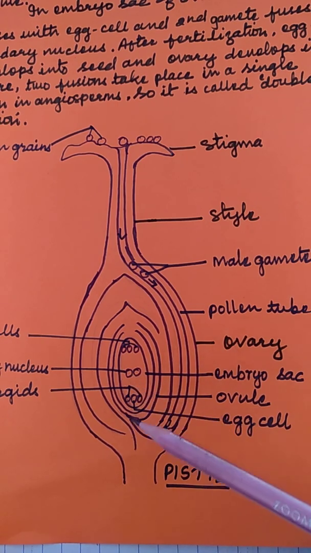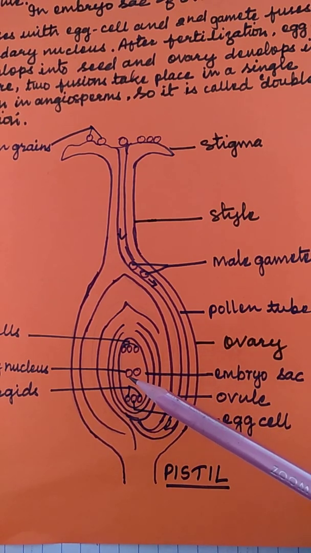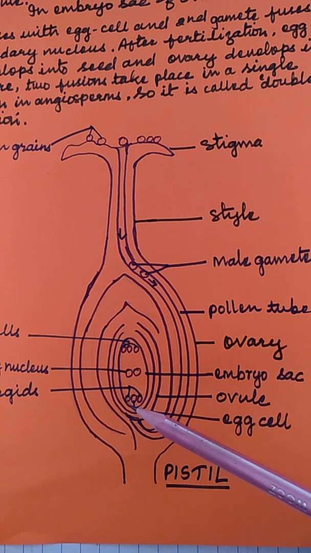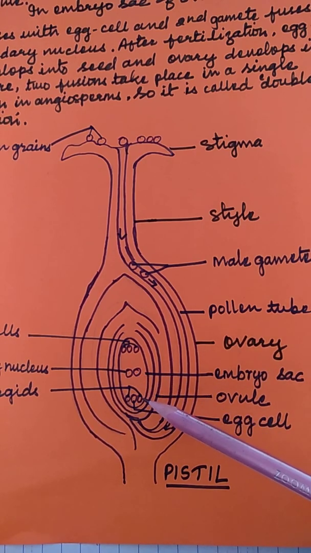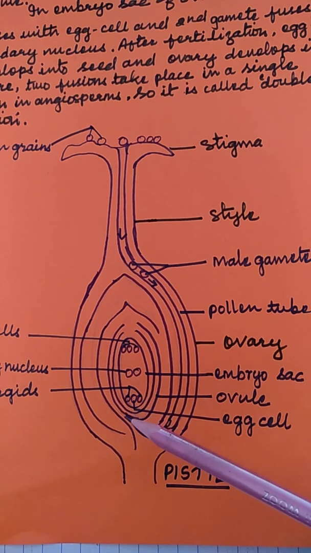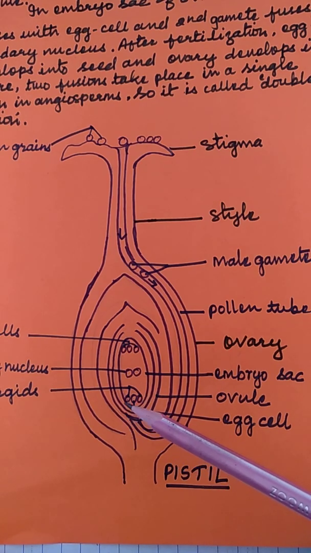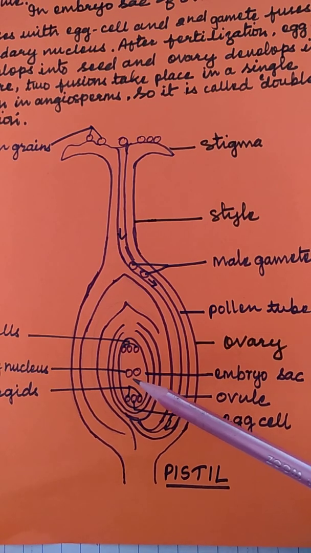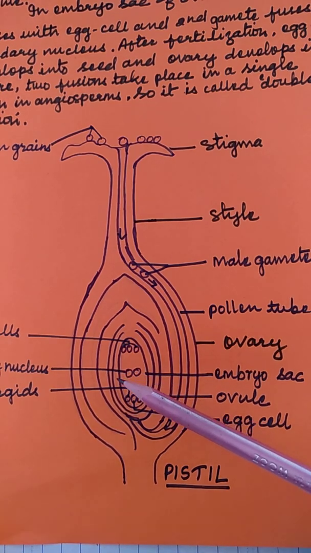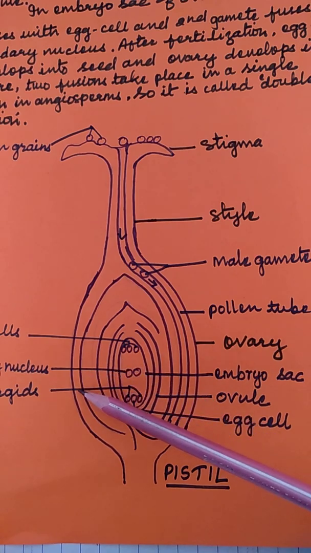So this way 2 fusions occur in a single fertilization. That is why fertilization in angiosperm is called double fertilization, right? Okay, so after fertilization, the egg cell develops into seed, and the secondary nucleus develops into endosperm.